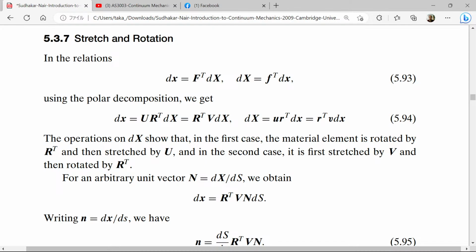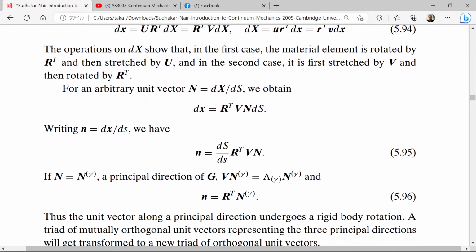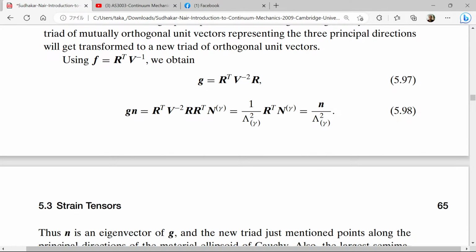Using polar decomposition, we get the operations on dx, which show that in the first case, the material element is rotated by R transpose and stretched by U. In the second case, it is first stretched by V and then rotated. For an arbitrary vector n equal to dx over ds, we obtain something like this.